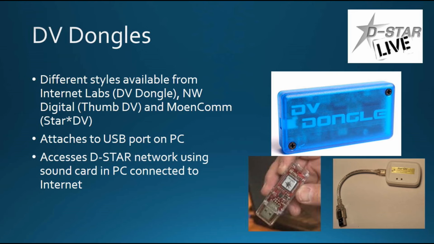Well, no, I think they were as high as $500, $600, $700. Okay. So we've seen a lot of price changes, but back in the early days of D-Star, this was a great way to get on without a radio. I think when I bought my first radio, I also bought a dongle, because I wanted that when I was traveling and sitting in a hotel where I wasn't in range of a D-Star repeater.